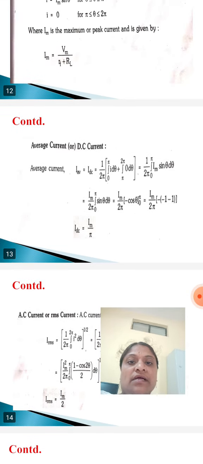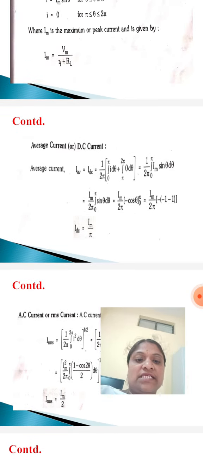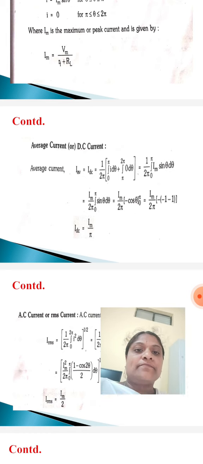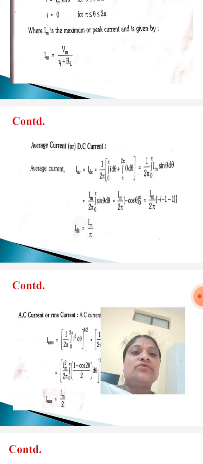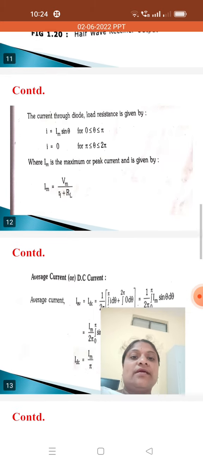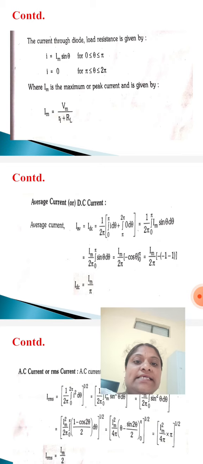Average current Iav = IDC = 1/2pi integration from 0 to 2pi, since 0 to the full cycle is 0 to 2pi, of i d theta.